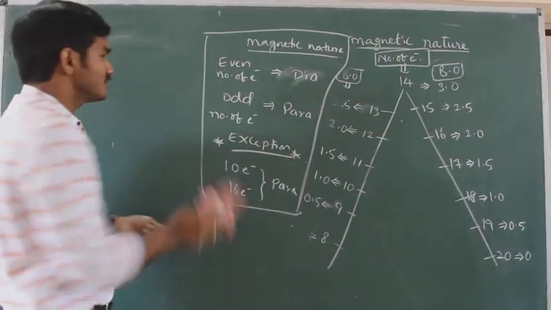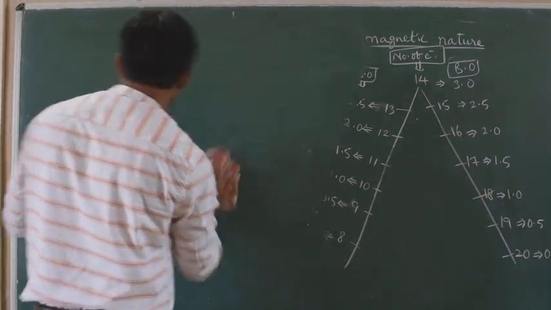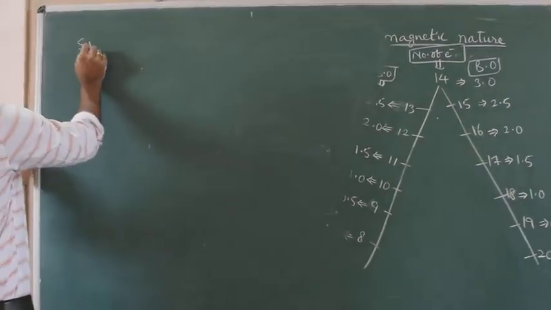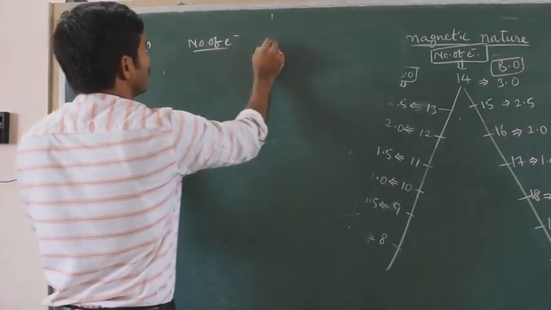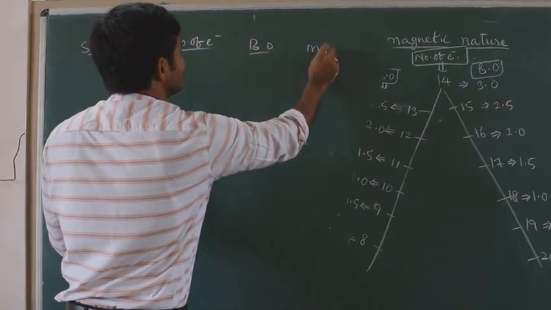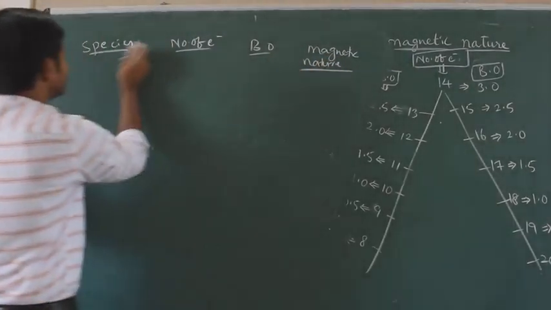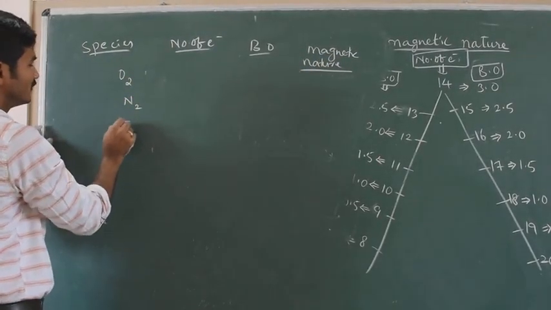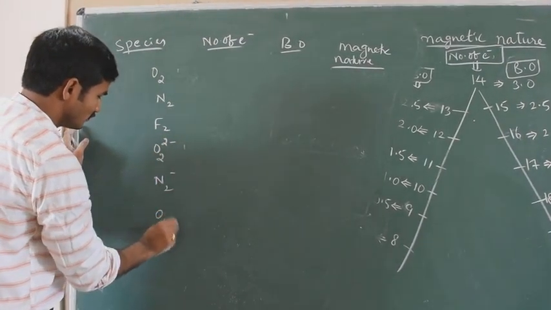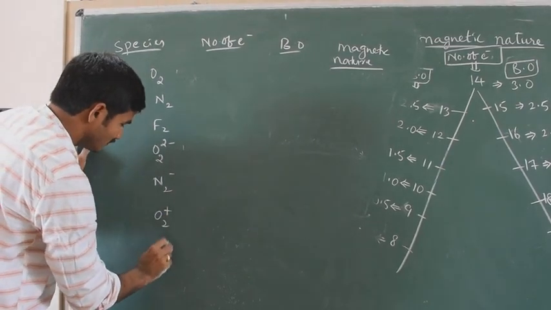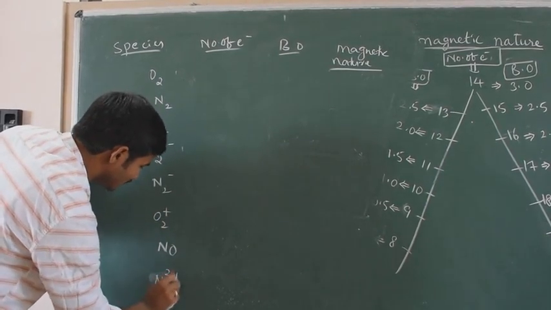Now we can see some examples. I write the species here, with number of electrons, bond order and magnetic nature: O2, N2, F2, O2 2 minus, N2 minus, O2 plus, NO, and N2 2 plus.